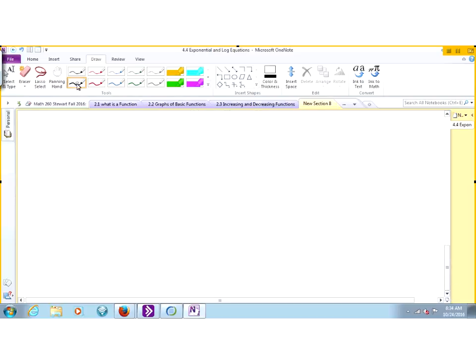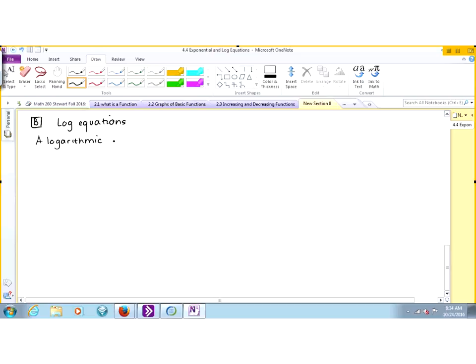Okay. So next, B is log equations. So what is a log equation?